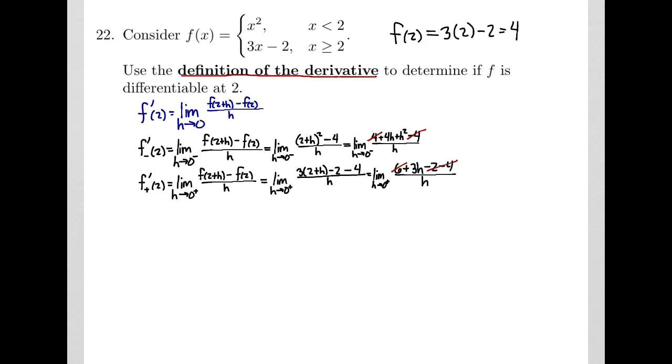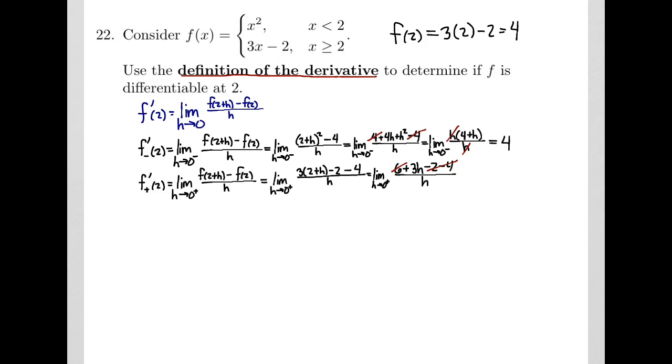So when I simplify this, I get the limit where h is now a common factor. H times 4 plus h over h. Those h's now cancel away, and the limit that I get as h goes to 0 is the limit of 4 plus h, which gives me a value 4 plus 0.